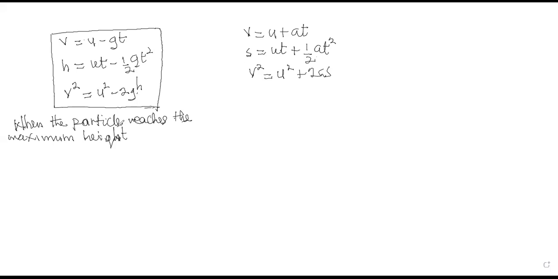When the body just begins to return back to where it was thrown or to the earth, it means it has moved up and gotten to the maximum height. So if it was thrown from here, and it could reach the top of a storey building, this is the maximum height it could go.